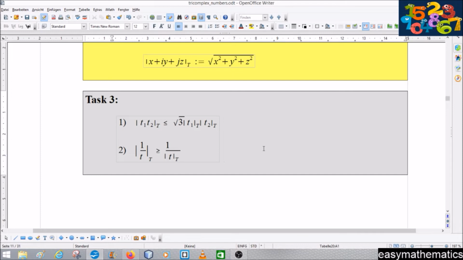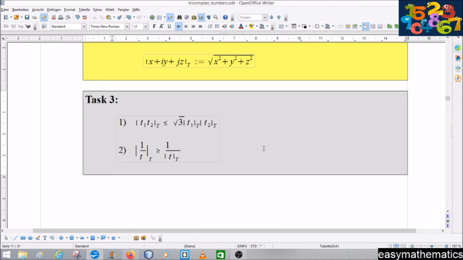And there is also a small task. First, show that the modulus of t1 times t2 is bounded by root 3 times modulus t1 times modulus t2, and the modulus of the reciprocal of a tricomplex number is bounded from below by the reciprocal of the modulus.